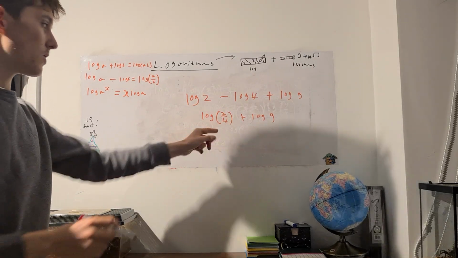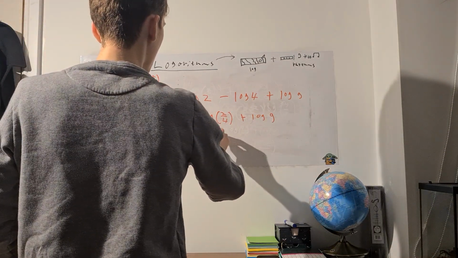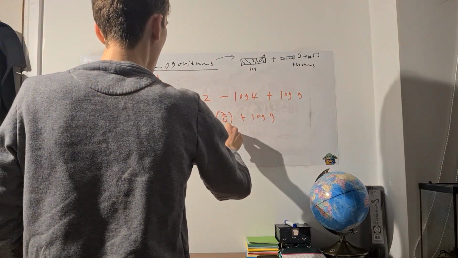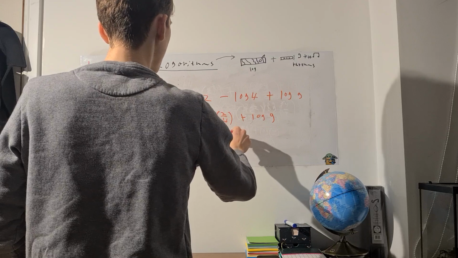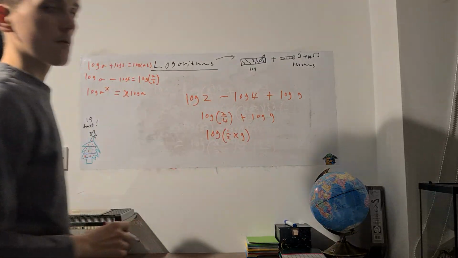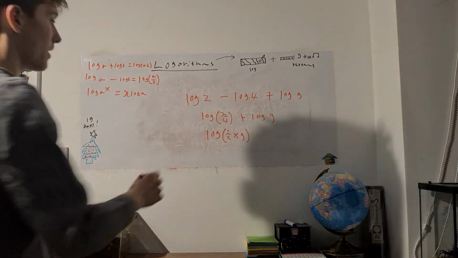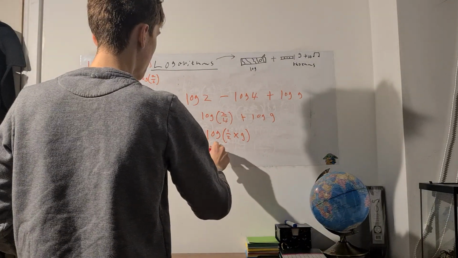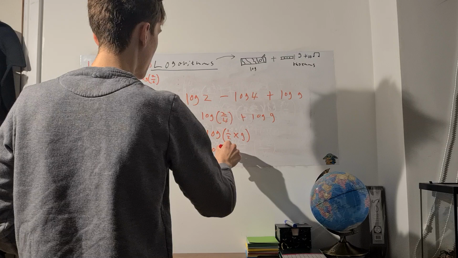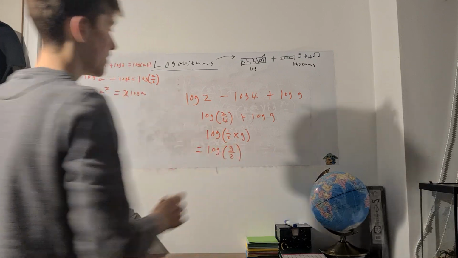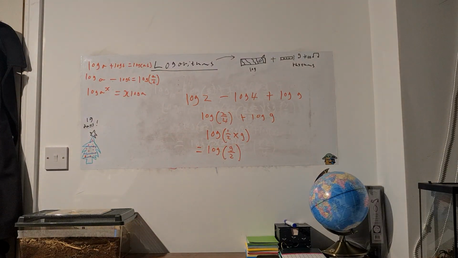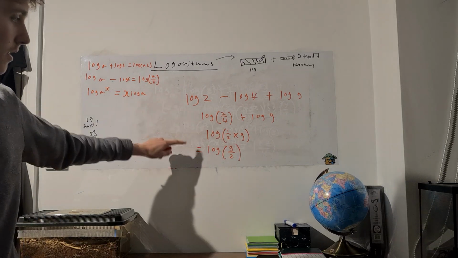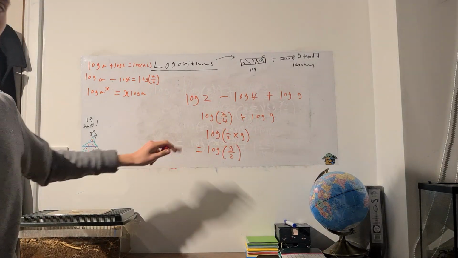Now that's equal to log 1 over 2 times 9, which is just log 9 over 2. So we've gone from this down to this in a couple of simple steps.